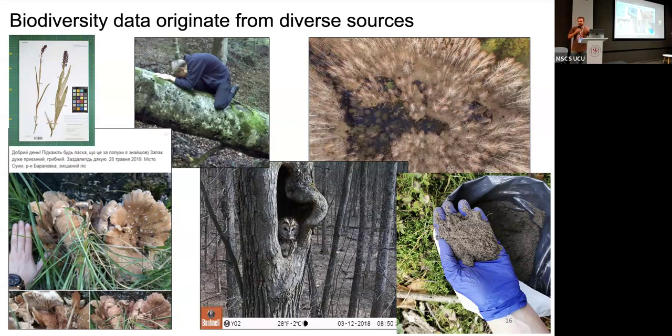We can get those kinds of data from direct observation: someone went somewhere and observed something. We can get some biodiversity data from historical nature collections, museums, herbaria, and so on, which have been preserved and conserved for a long time.